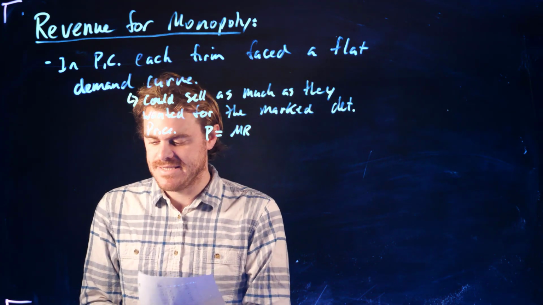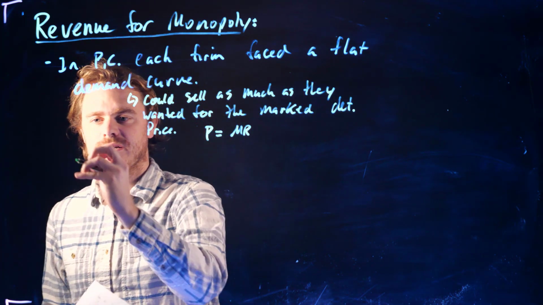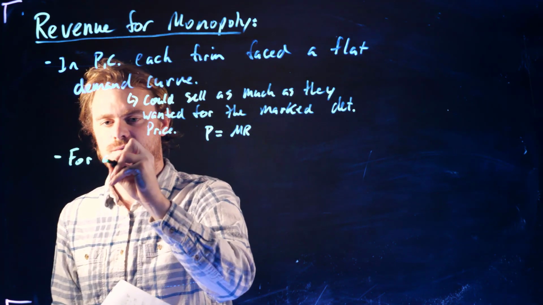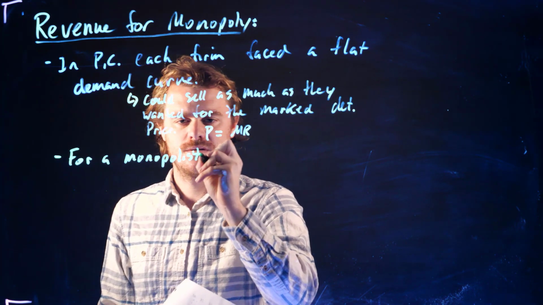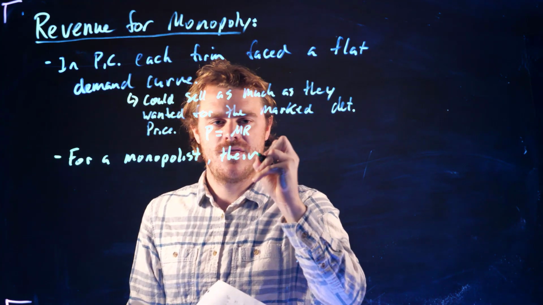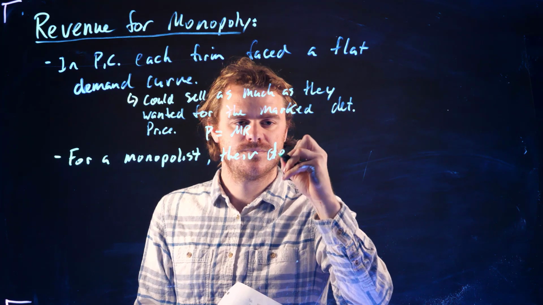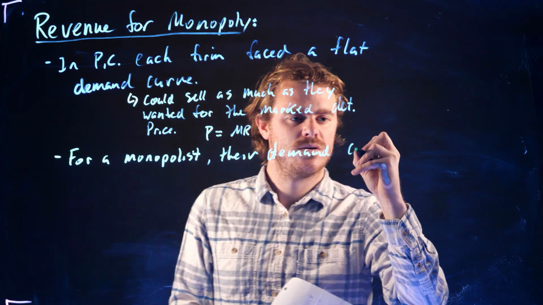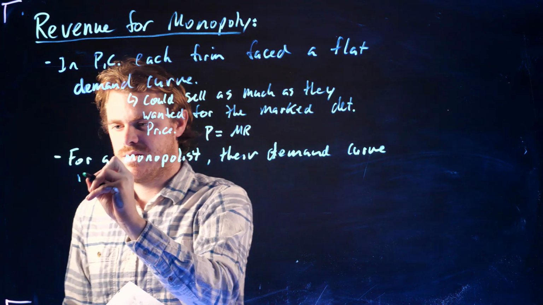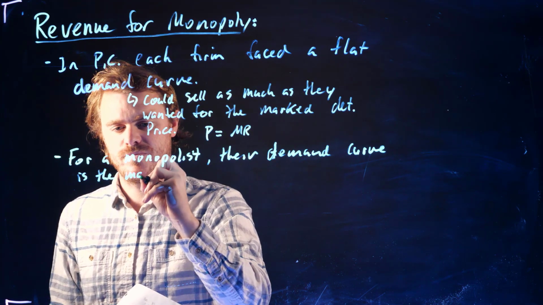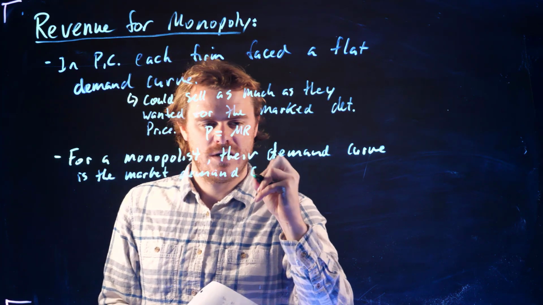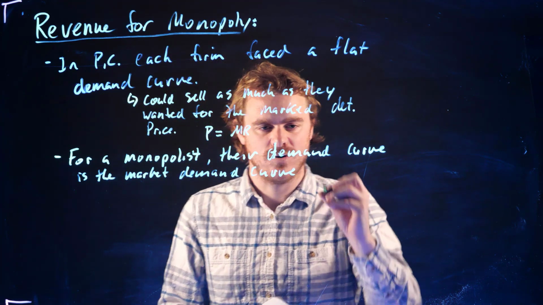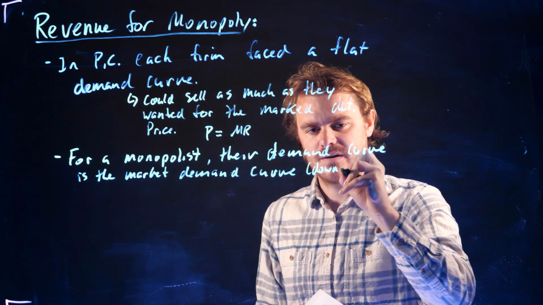Well, here this is a bit different, right? Here, for a monopolist, their demand curve is the market demand curve. And if we assume that the law of demand holds, that means it's downward sloping.